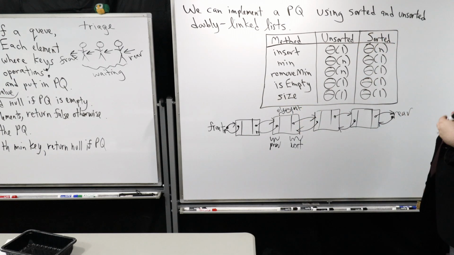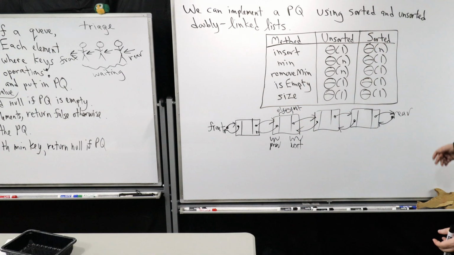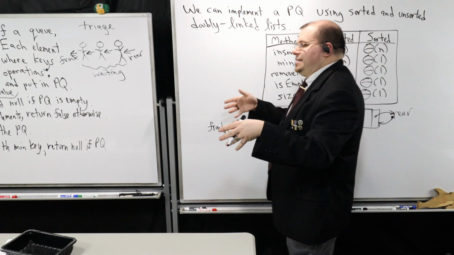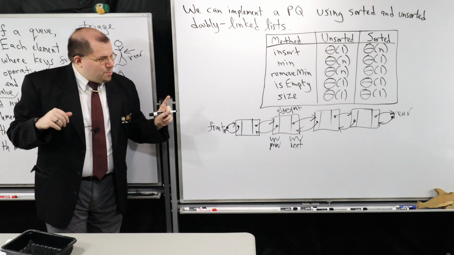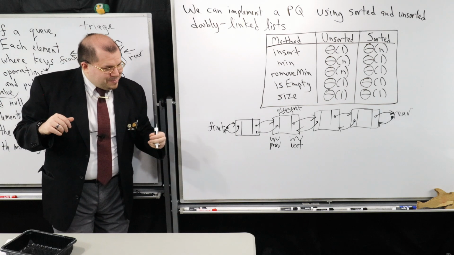Remember, this is where you're going to store your key and your value, so that your data attribute consists of a pair of pieces of data: the key or priority and the value or data.